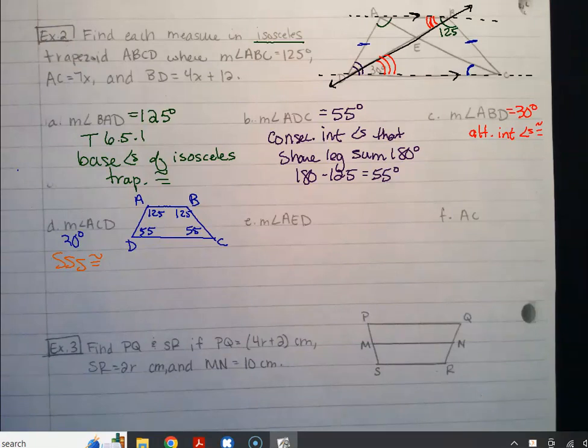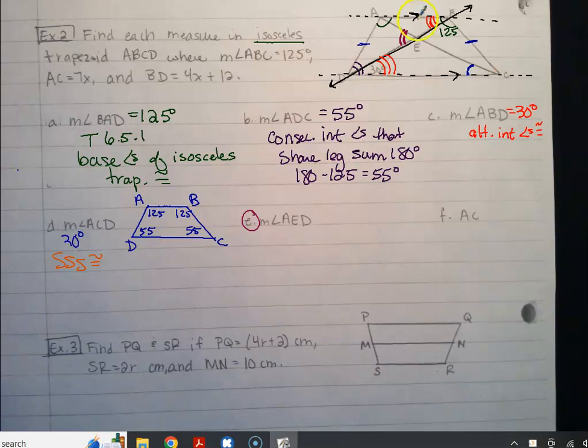Okay. So AED. We're looking in here at this one. Go to the BEC triangle. The angle B in that triangle equals 95, because you already know that the other angle for B equals 30.